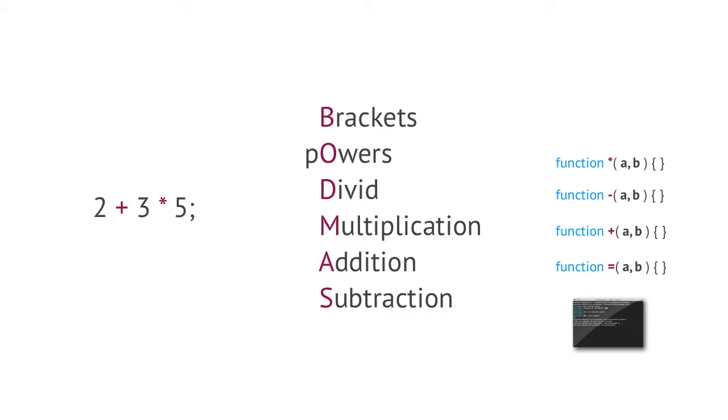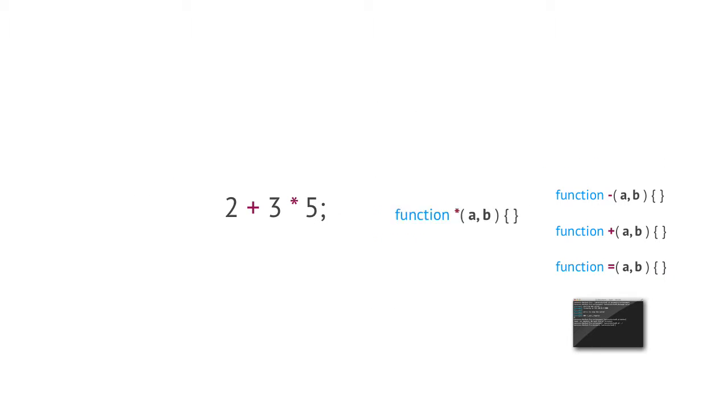So what we can see here is with BODMAS, the multiplication has greater importance than the addition. So, in lieu of that fact, and we know that JavaScript follows this precedence, it will call up the multiplication function first that's going to deal with the multiplication operator.